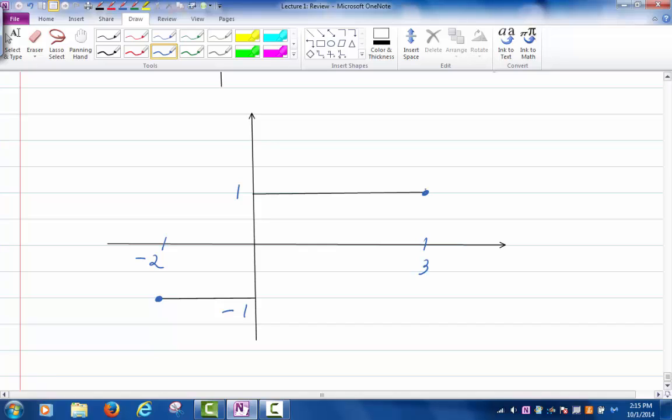So notice that the function takes on the value negative 1, it takes on the value positive 1, right? But it doesn't take on any value between negative 1 and 1, right? f takes the value negative 1, it takes the value 1, but it doesn't take any value in between. Why? Notice that this function is discontinuous on that interval, right? Between negative 2 and 3, it is discontinuous at 0, right?